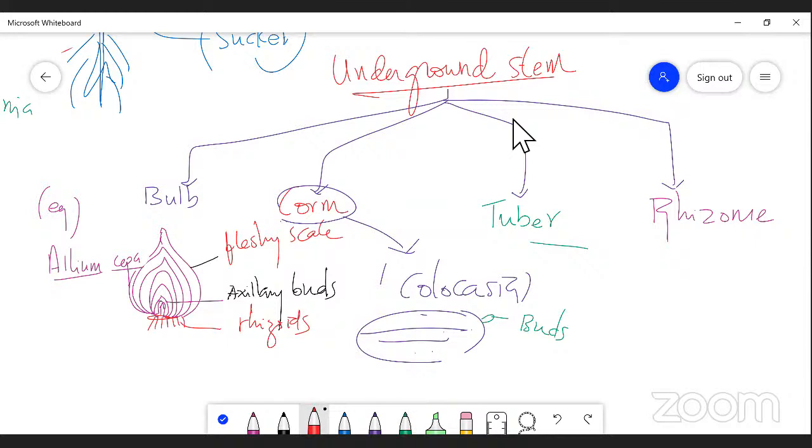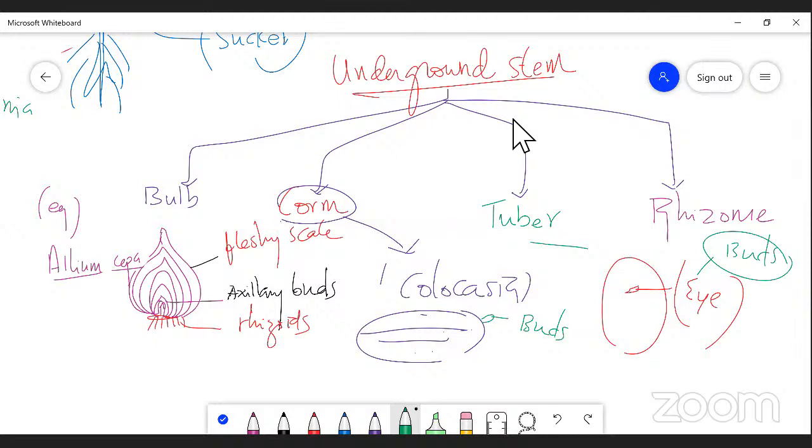And next we have tuber. Tubers, potato tuber, I can say the example from the eye spot. This region is responsible for the formation of buds. These buds arise from the eye spot of the potato tuber.